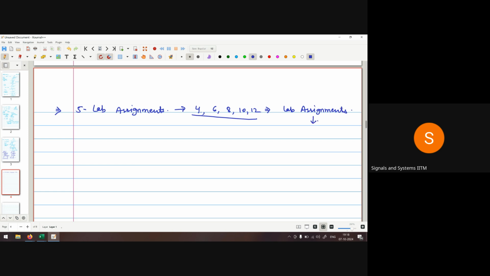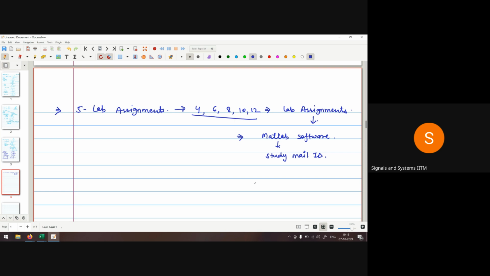With respect to this lab assignment, you require the MATLAB software. That MATLAB software is accessible by your study mail ID. There are two options.